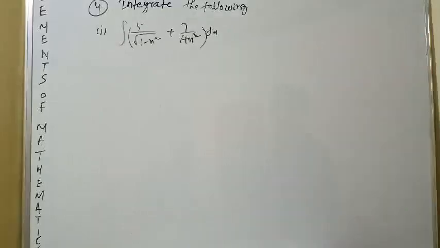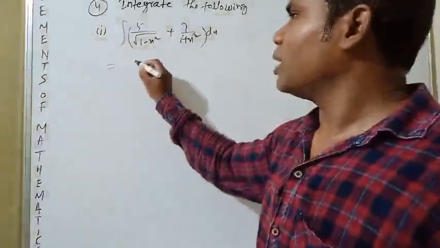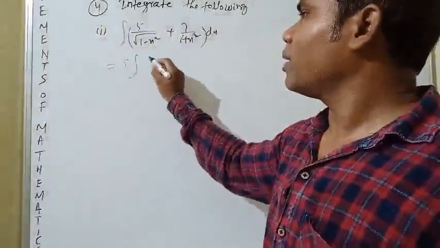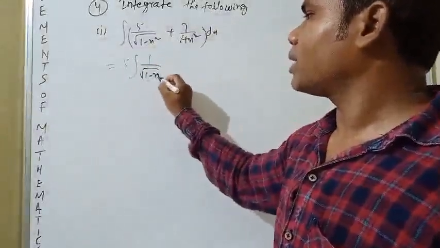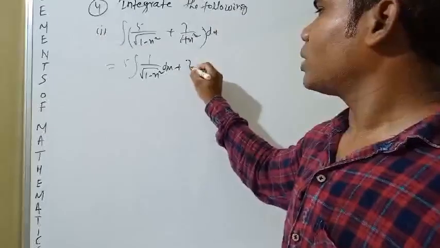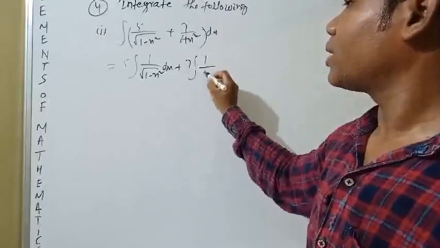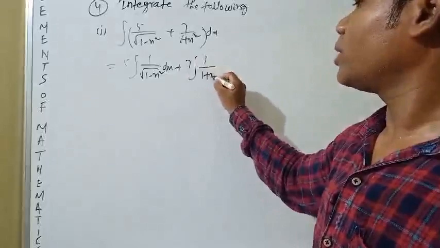This is question number 4, bit 1, integration of 5 by root over 1 minus x square plus 7 by 1 plus x square dx given. This is equal to 5 times 1 by root over 1 minus x square dx plus 7 times 1 by 1 plus x square dx.